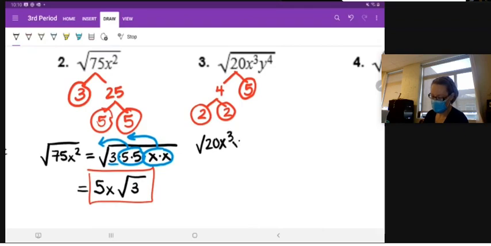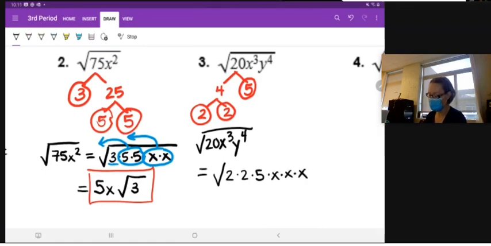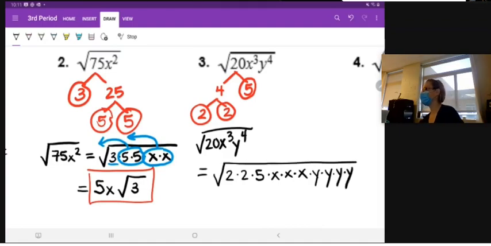So if I rewrite this radical expression, the 20 gets split up into 2 times 2 times 5. The x cubed gets split up into x times x times x. And the y to the 4th gets split up into y times y times y times y. You have to split up every single part.